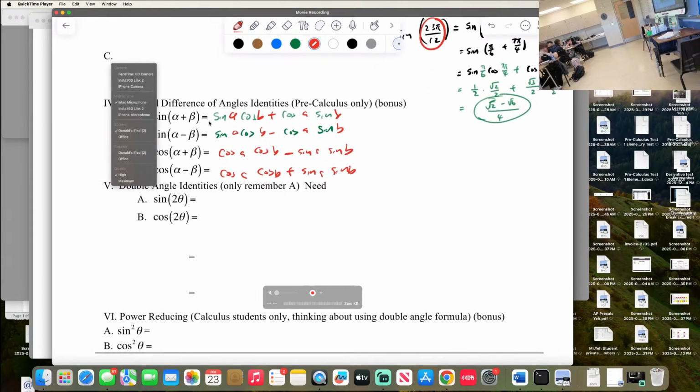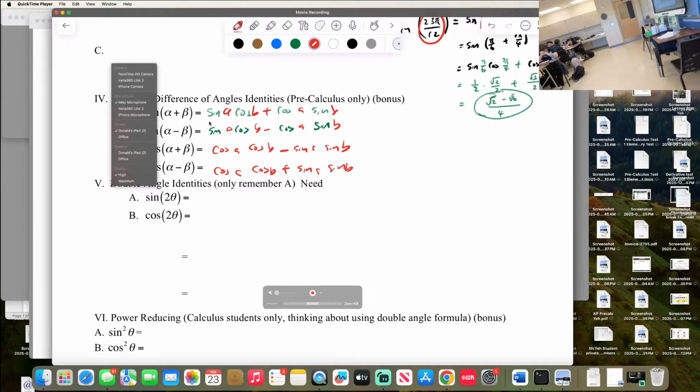Do you guys have memorized what sine of 2 theta is? Raise your hand if you have memorized it, because that's very useful. I know how to prove it. How to prove it? Yeah, that's good. If you know how to prove it, it's even better. But how many of you have memorized it?